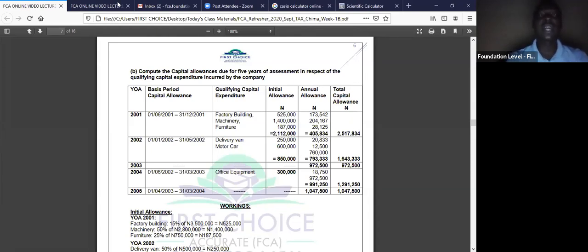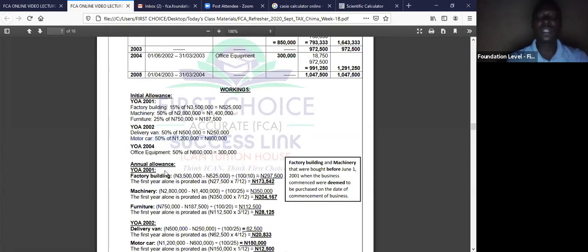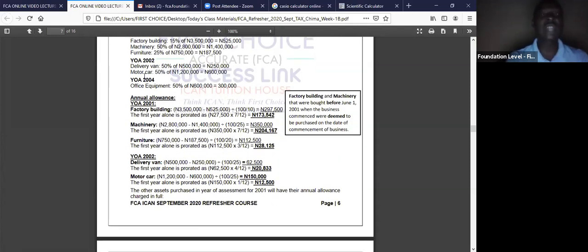Now let's look at the annual allowance figures. Just the way we did it the last time, this 2002, the assets we bought this period are in their first year of use. So we'll look at initial allowance.